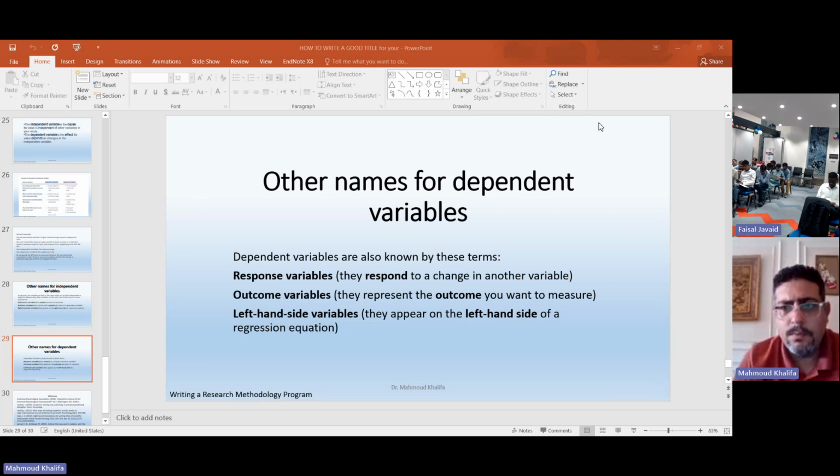Step number 2, learn more about the problem. So you have to find out what is already known about the problem and pinpoint the exact aspect that your research will address.